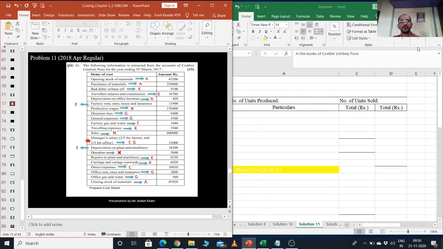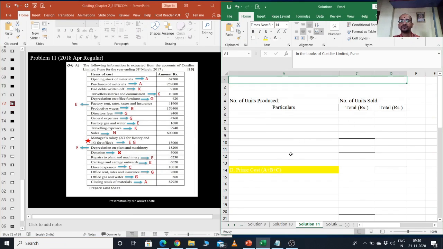I have kept my format ready. First we need to write in the books of Costlier Limited. Below that we will write the cost sheet, and in this example they have given the period, so we will write for the period ended 31st March 2017.